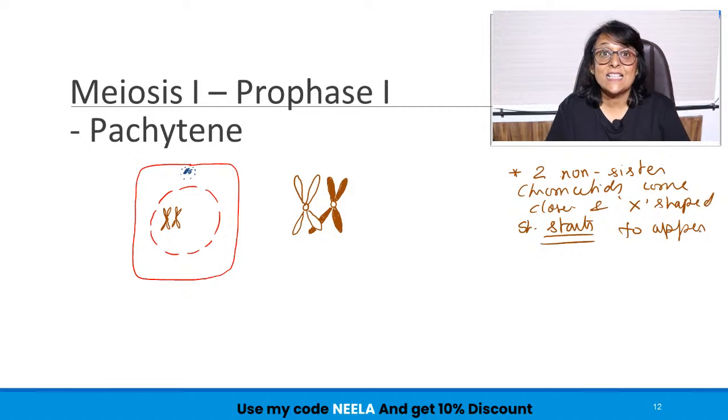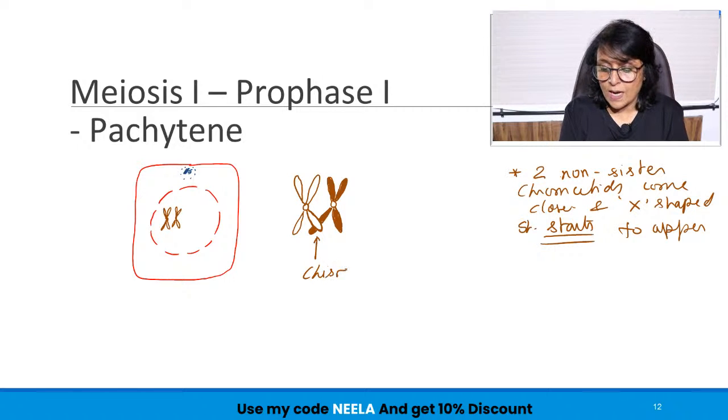So chiasma formation starts, and if you carefully observe this part, this sister chromatid has its own genetic material, and the blank one or the hollow one which we have shown has its own genetic material. Exchange has not taken place. So here we write chiasma formation starts.